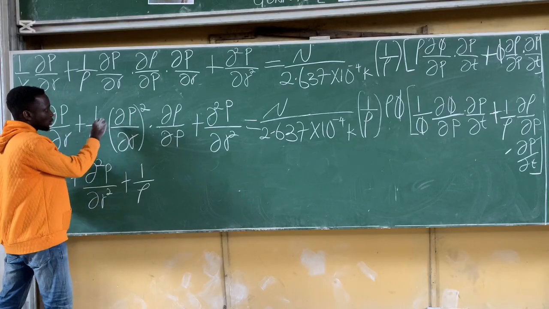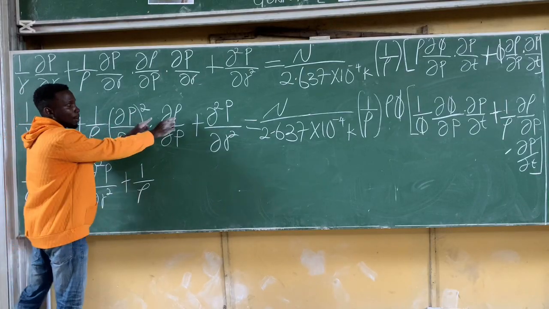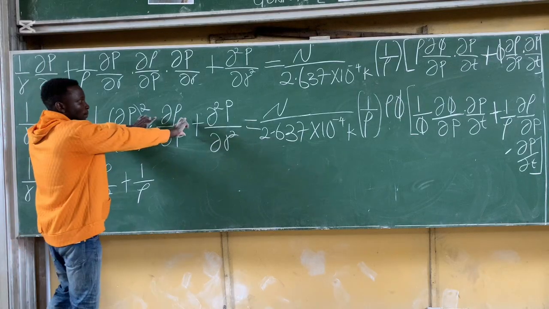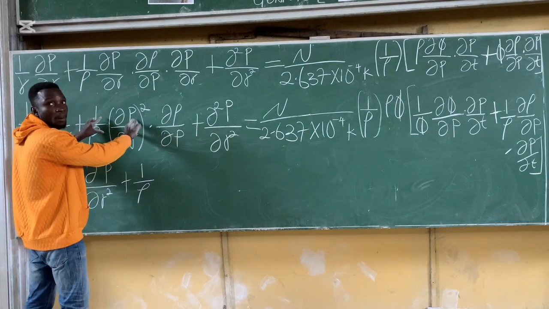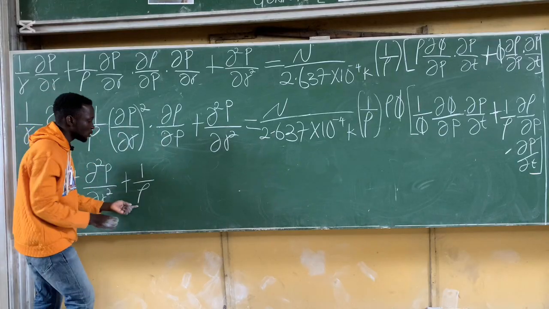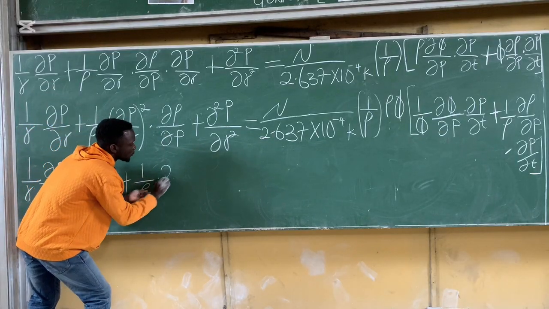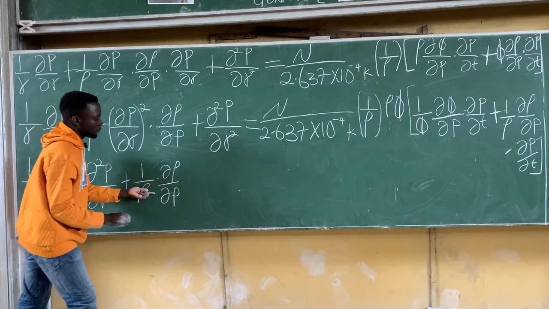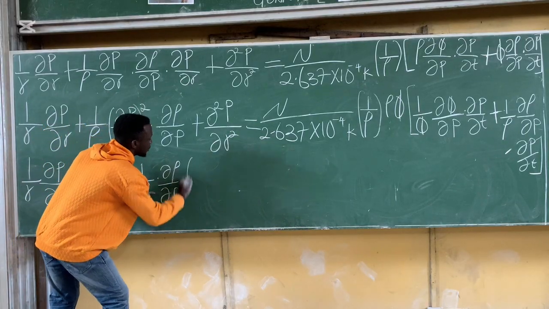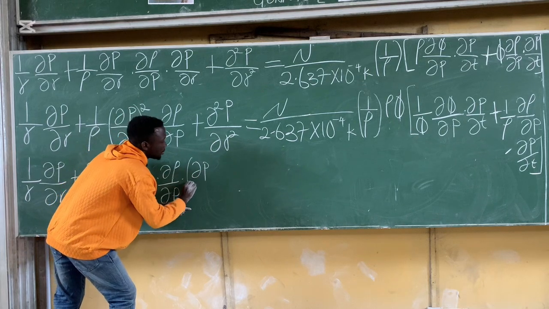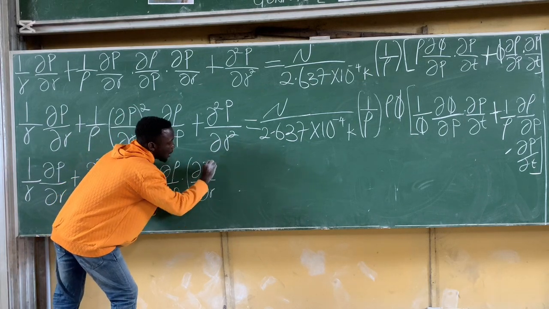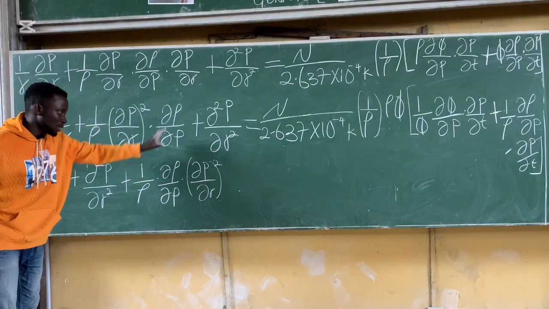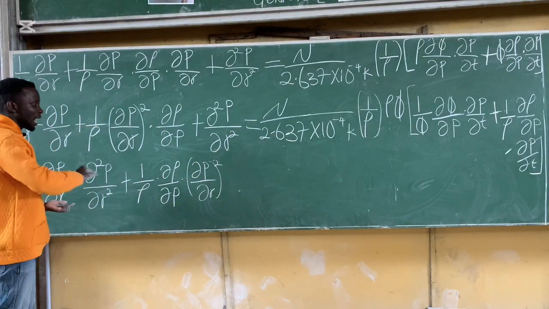Remember, it's multiplication. This one is multiplying this one, multiplying this one. You can also write it as this one here multiplying this one, and then multiplying this one. It's still the same thing. So this is 1 over rho dot the ∂ρ over ∂p dot ∂p divided by the ∂r, all squared. So it's just the same thing that we have here, just that we changed the arrangement.